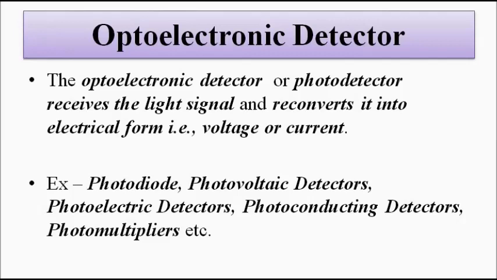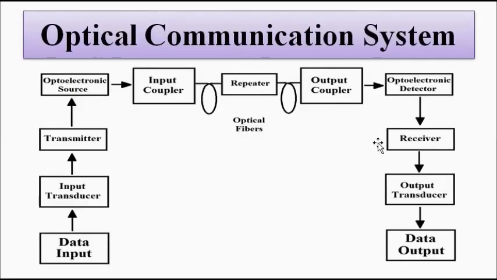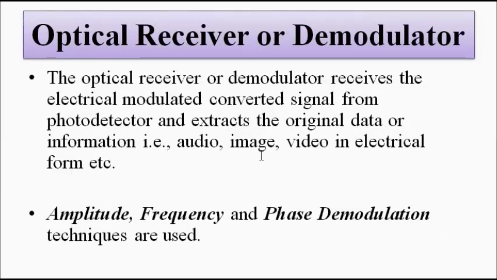Now next is the receiver. The receiver is also called the demodulator. That performs just the opposite of that of the optical transmitter or modulator. So the demodulator extracts the original message signal, the information containing signal, which is in electrical form.